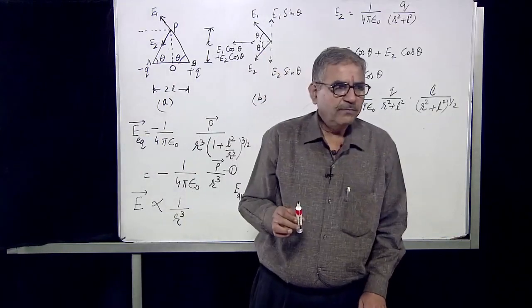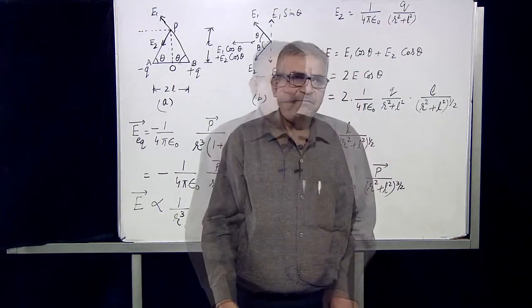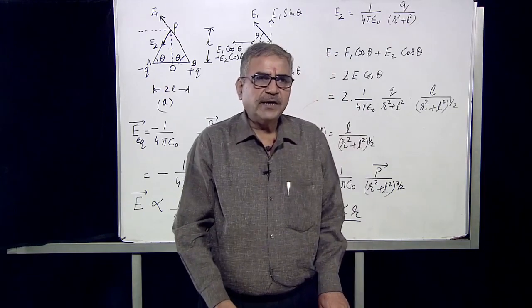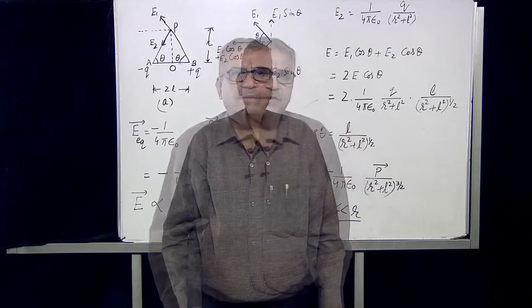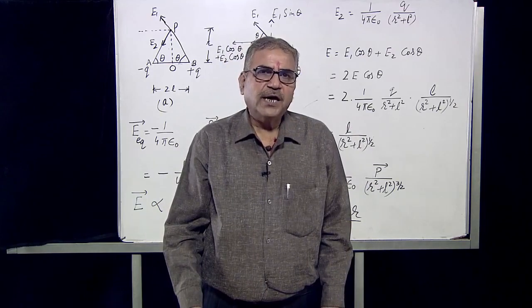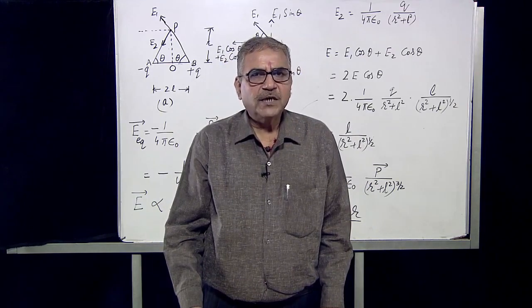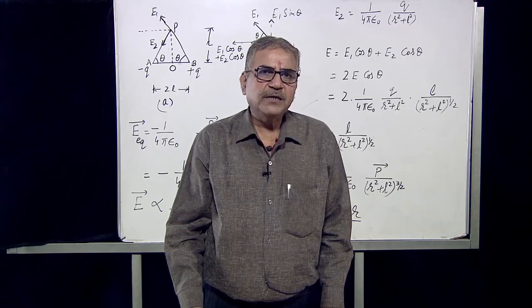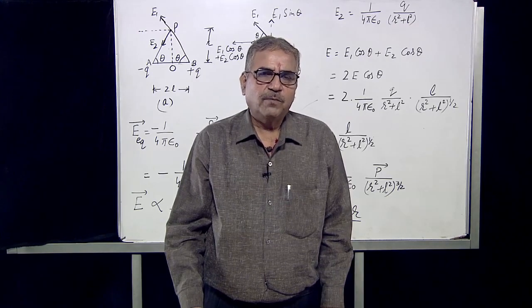So today in this lesson we have defined the electric dipole, we have defined the electric dipole moment, and we have found the expressions for the electric field in two special cases, when the point P is on the axial line of the dipole, and the second case when the point P is on the equatorial line of the dipole. Thank you.